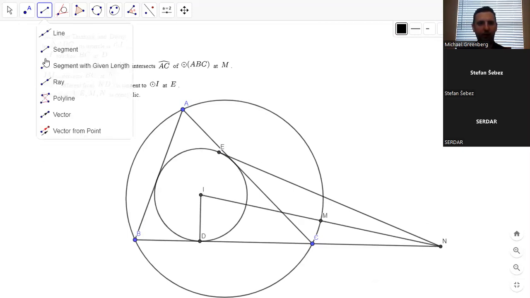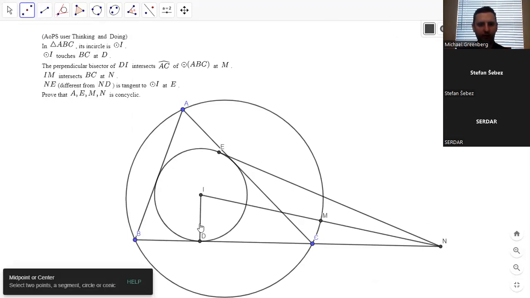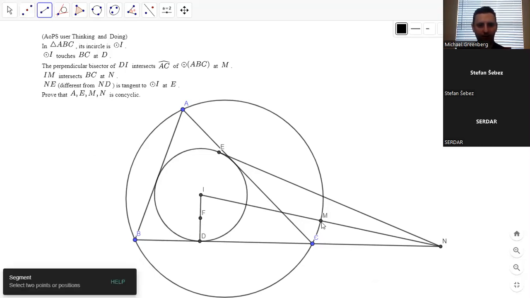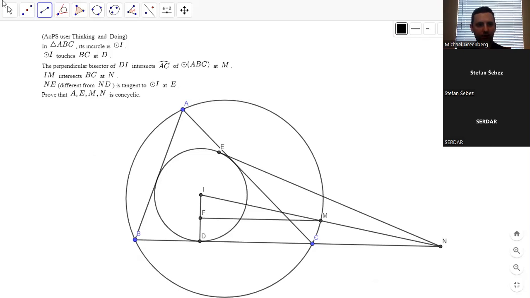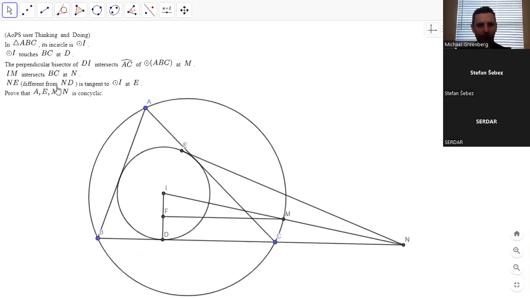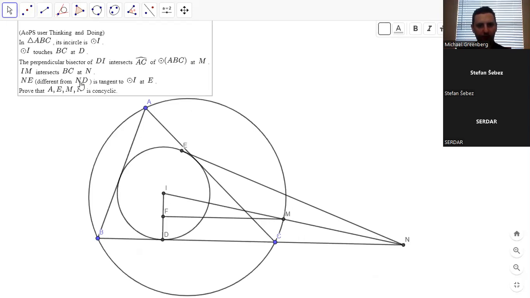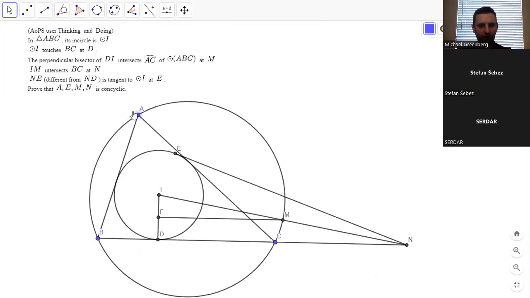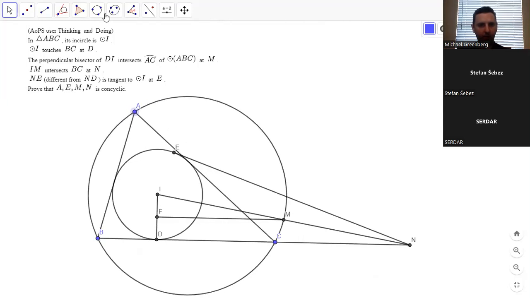So let me draw the midpoint of IB, and this is a perpendicular bisector. AEMN.